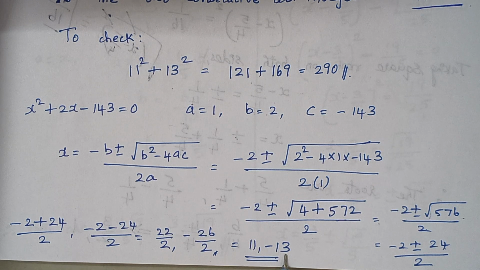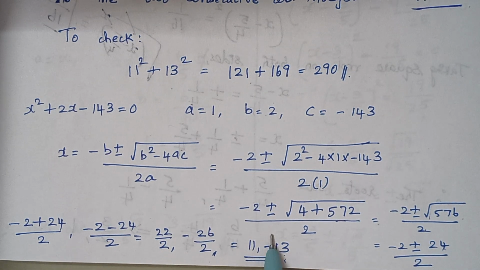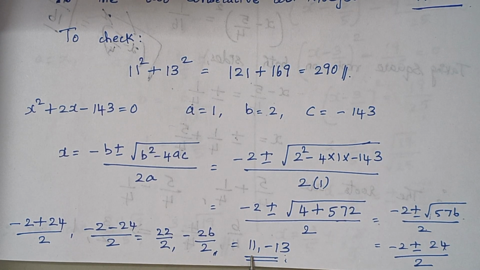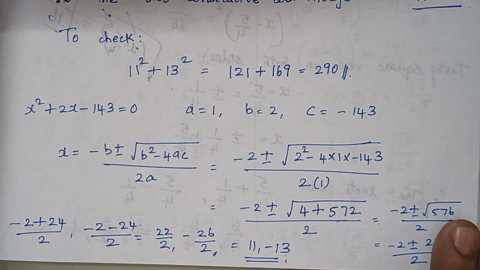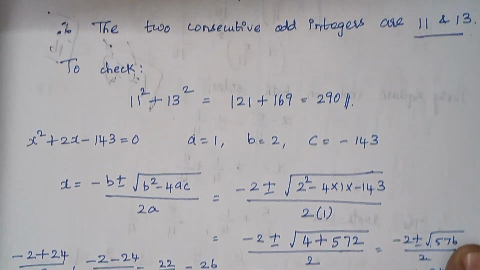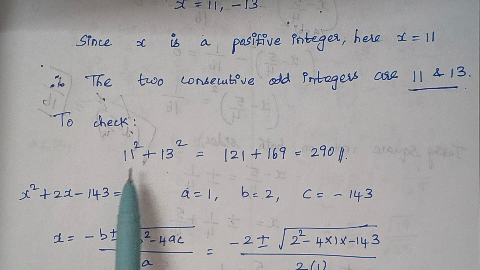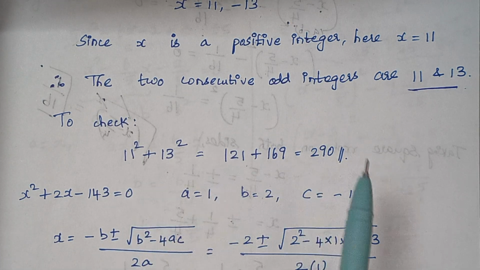Again, we have to select only the positive integer because it is given in the problem. So minus 13 is rejected and we proceed with 11. Right. So you can find the roots by any way, and finally you can do a check also. The sum of the squares should be equal to 290.